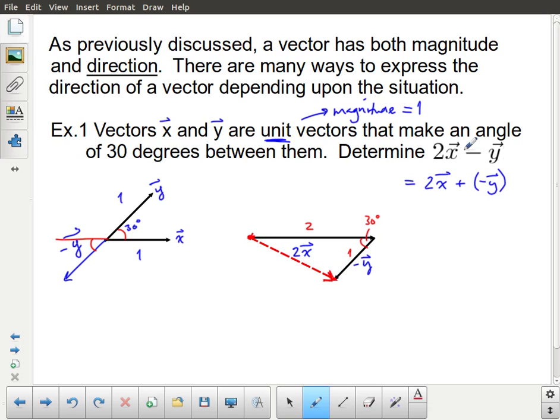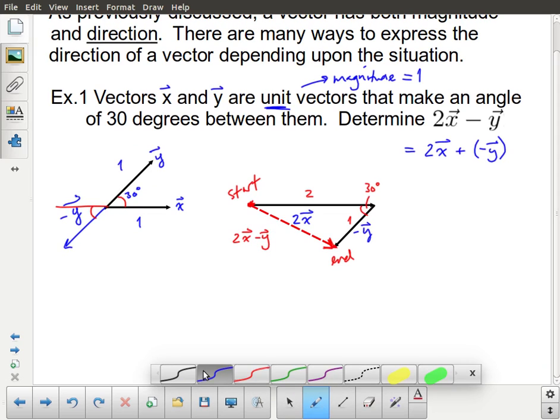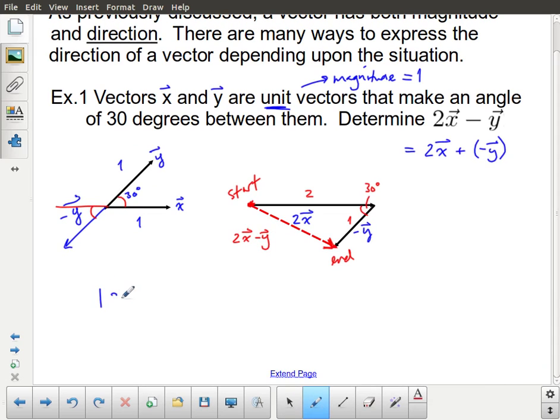So when we say 2x minus y, here is my starting point, and here is my end point, and how I get from that start to that end is the vector 2x minus y. So what I want to do is find the magnitude of 2x minus y.